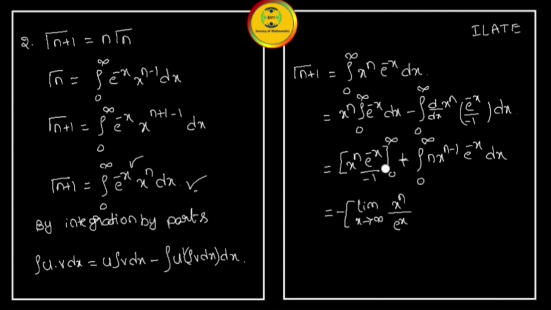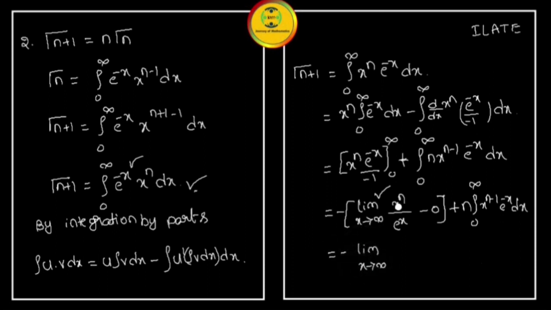Now if I replace x value as 0, 0 into anything is 0, so that means minus 0 I can write. This is about the first term, plus n into integral 0 to infinity x power n minus 1 e power minus x dx. Now if I apply L'Hospital rule for the first term, we get minus limit x tends to infinity.